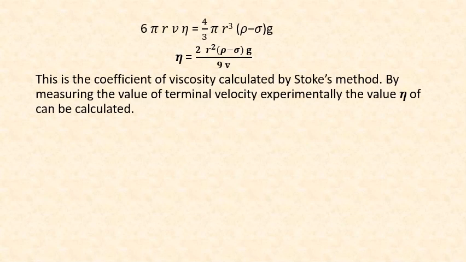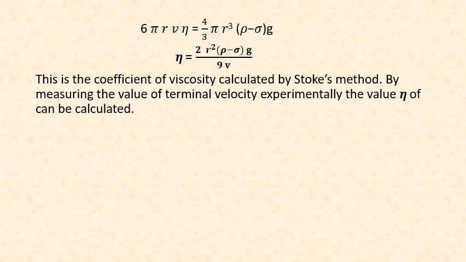On simplifying, we get 6 pi r v eta equals 4 by 3 pi r cube into (rho minus sigma) into g. One r gets cancelled, and the 6 pi comes down here.